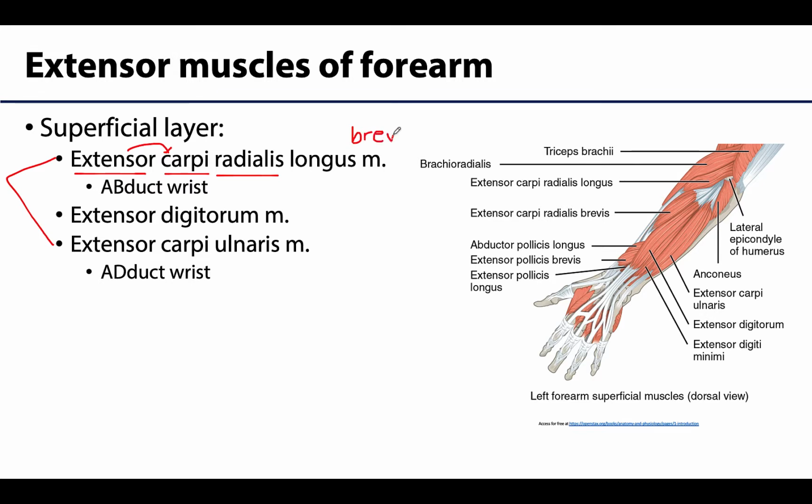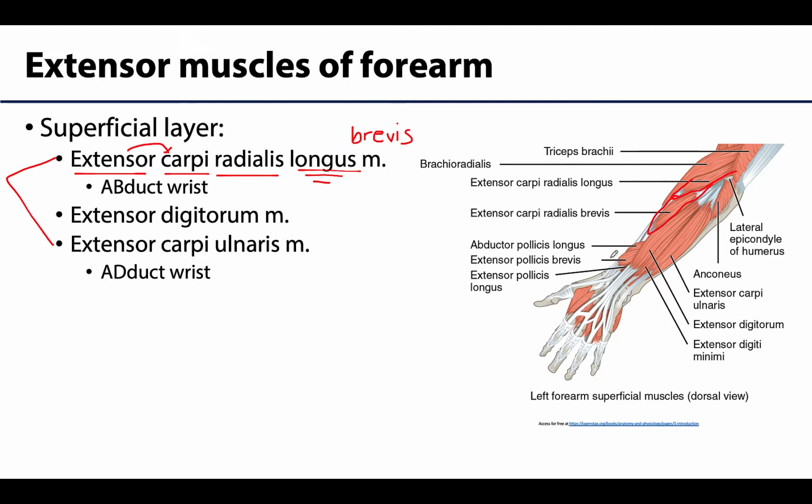In terms of the practical component, I'm only going to have you be able to ID the longus, but you can see both of them over here. So here is the extensor carpi radialis longus belly and the brevis, so they're kind of right next to each other.